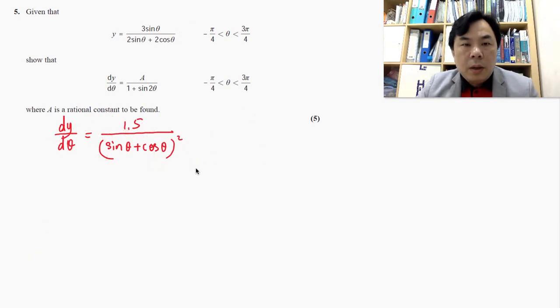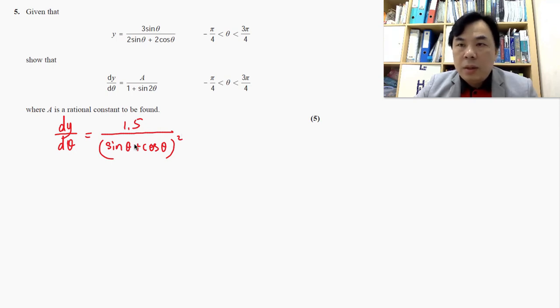All right, I have rewritten the dy/dx that we have obtained previously. This is where we are at this point after we apply the quotient rule. Now I'm going to summarize this and then conclude the proof. What we need to do next is pretty straightforward.